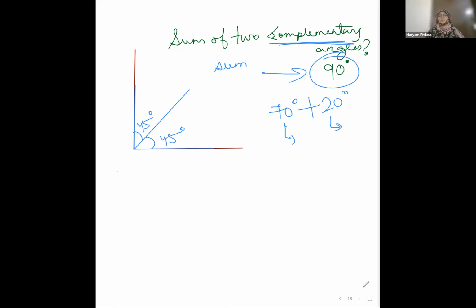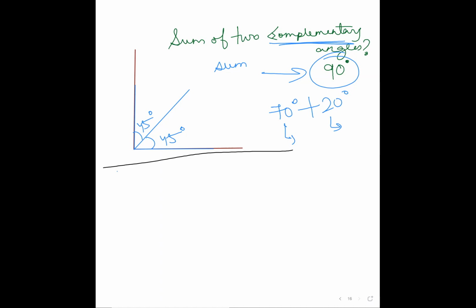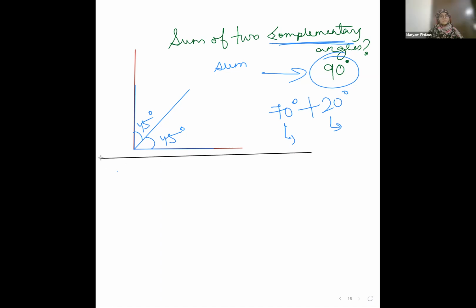Okay, now there's a few questions. Open page number 95. Think, discuss, and write. Can you see that? Yes. The first question: can two acute angles be complement to each other?